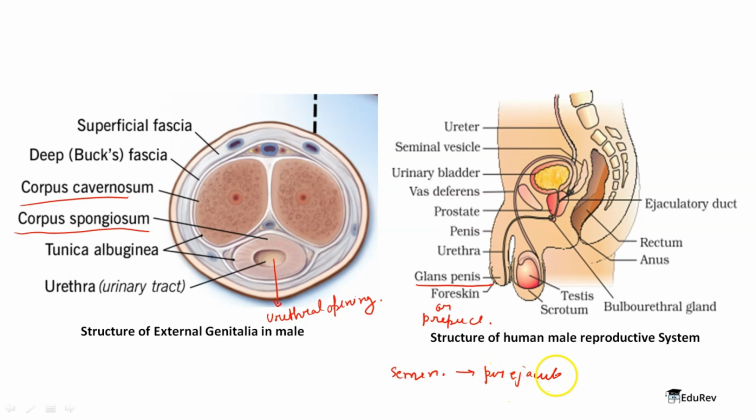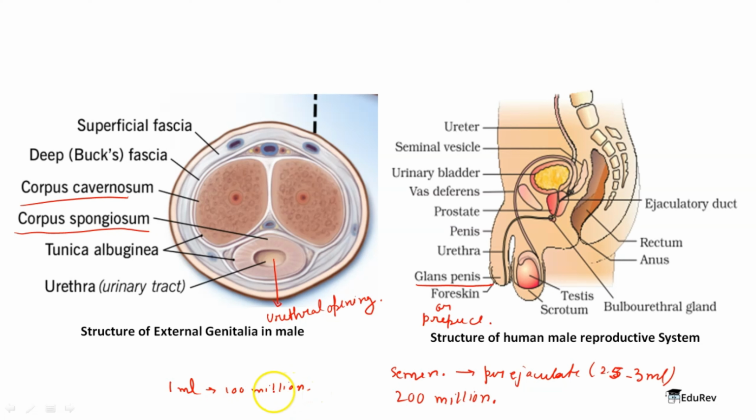The number of sperms present in this amount is around 200 million, meaning 200 to 300 million sperms per ejaculation are released. Therefore, in 1 ml, approximately 100 million sperms are present.